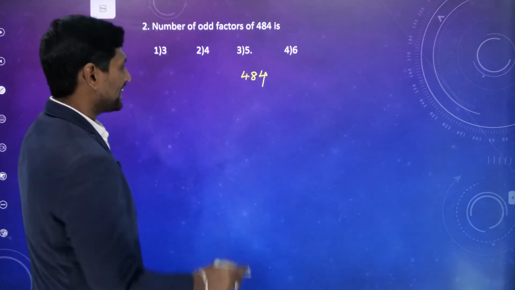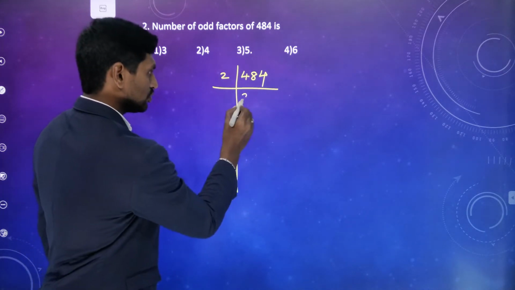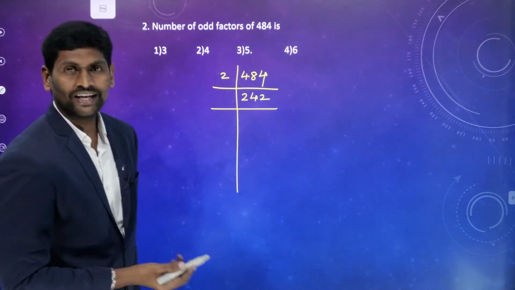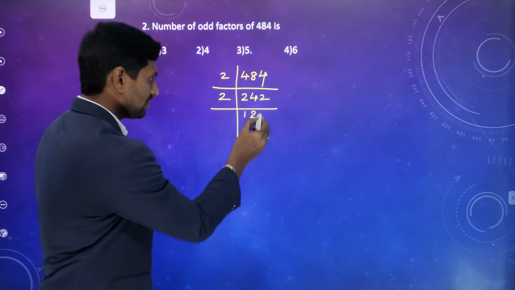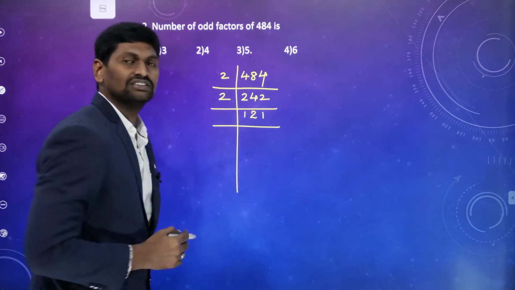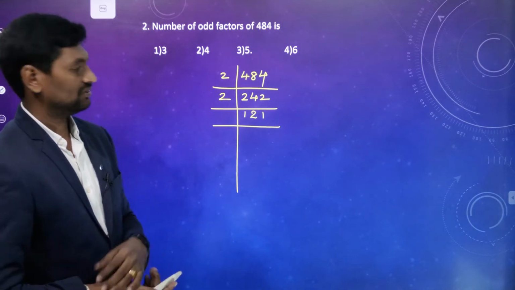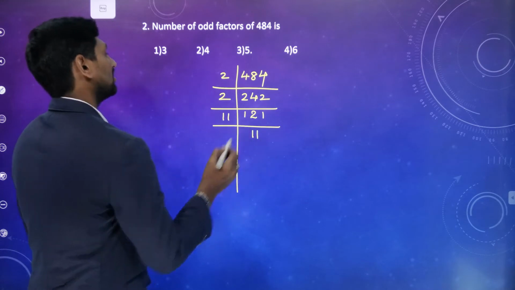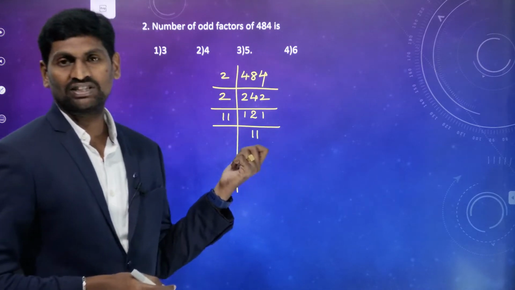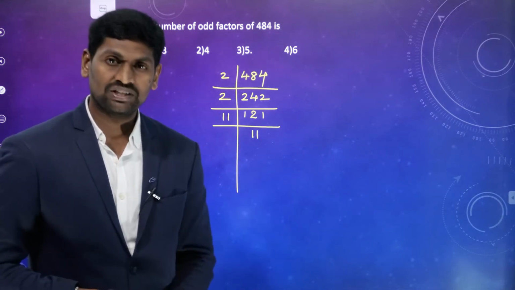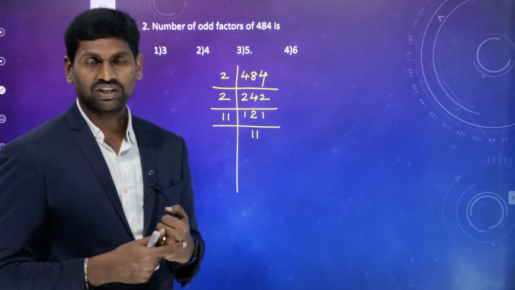Now 484, again the same process. So 2 table, first prime number 2. 2 2s are 4, 2 1s are 2. 2 2s are 4, and 2 1s are 2. 121 is not coming in 2 table, 3 table also it is not coming, except 11. 11 11s are 121. 121 will come only in 11 square, not in any other prime numbers. 2, 3, 5, 7 won't divide 121.